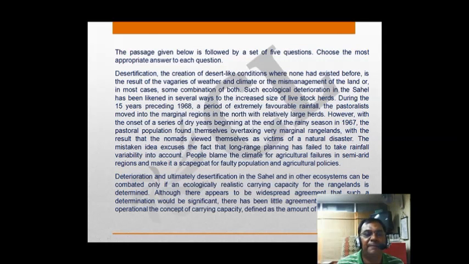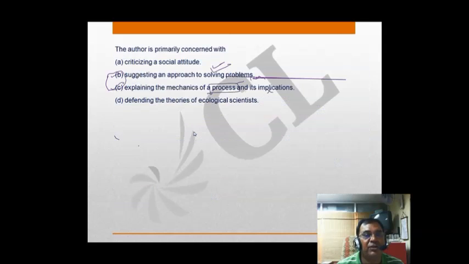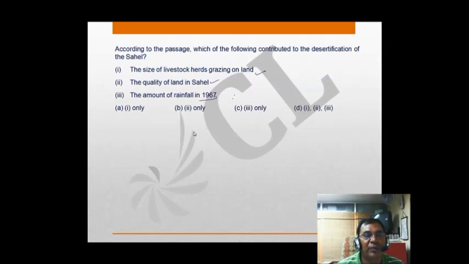However, the onset of a series of dry years began at the end of the rainfall season of 67. That means from 67 the dry years started. So there is nothing to be done with 67. So therefore I'll be going for answer 1. The rainfall in 1967 was good. After that it started creating problems.